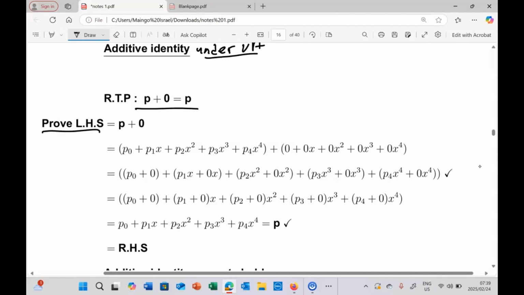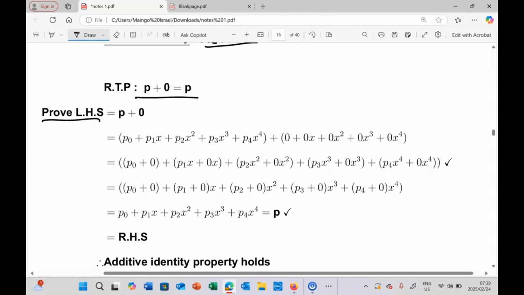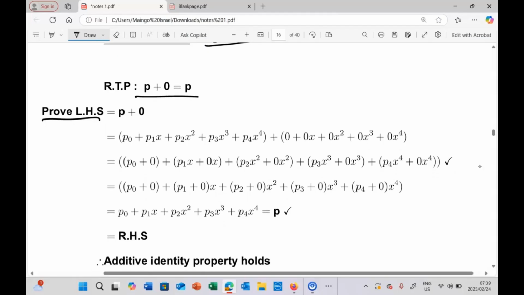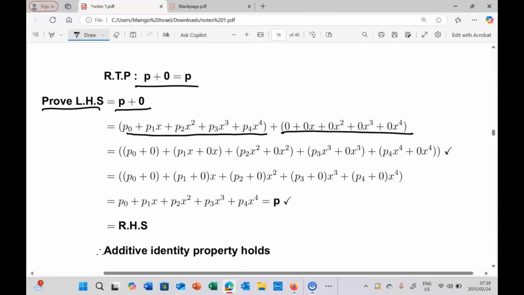Now we just need to work on the left hand side until we get the right hand side, if possible. So this is p plus 0. We know that p is this polynomial, and 0 is just the zero polynomial, which has zero coefficients. So this is very simple.